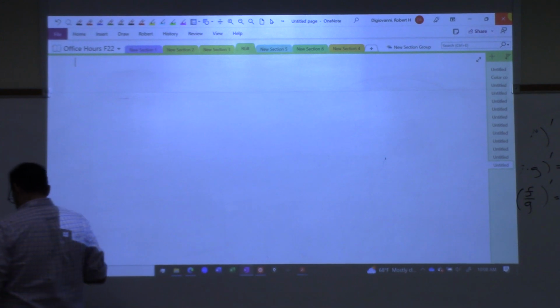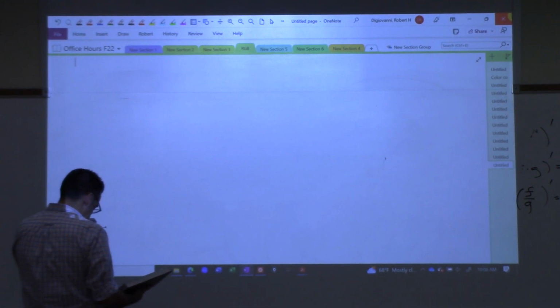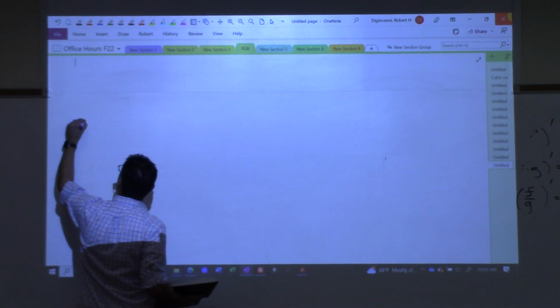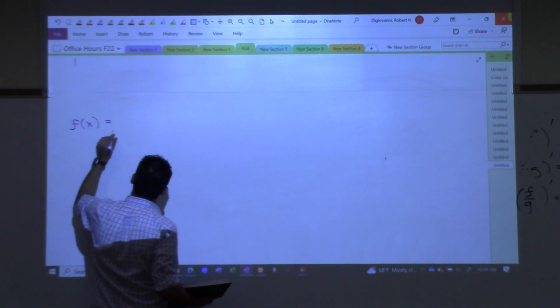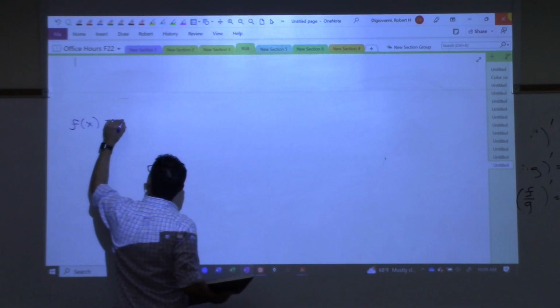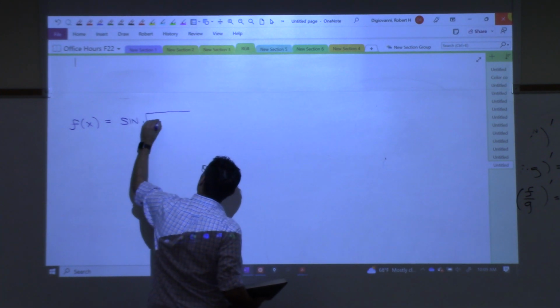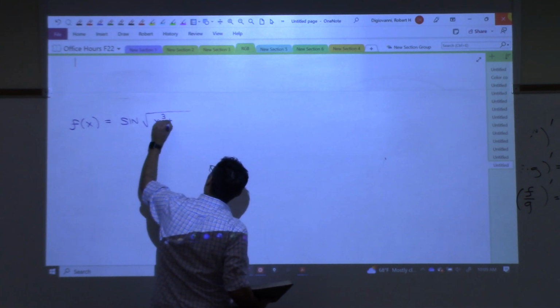Oof, wow, okay, I'm not ready for that yet. Oh, here's a good one. F of x equals sine of the square root of x cubed plus x.